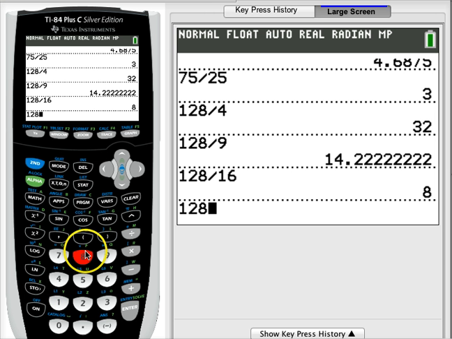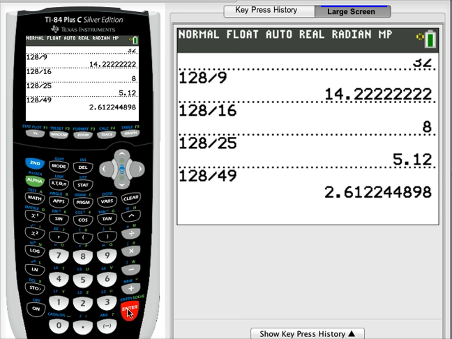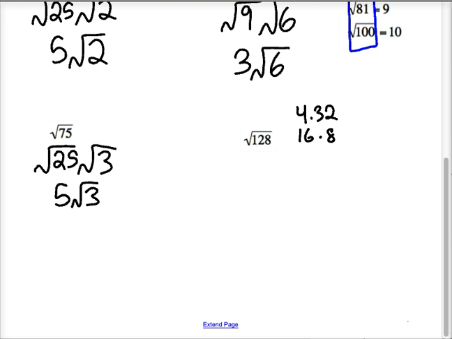So 128 divided by 25, nope. 128 divided by 49, nope. 128 divided by 64, oh, 64 times 2. All right, so 64 and 2.